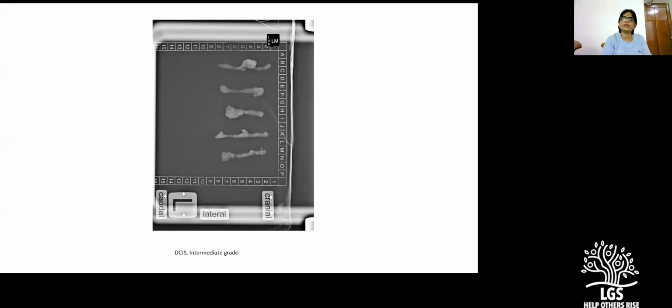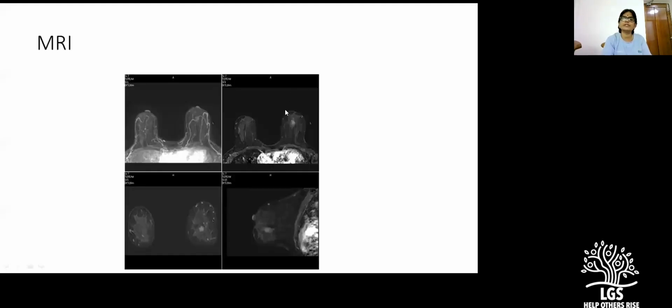So we did the MR for surgical planning. Basically, this was a heterogeneously dense breast, and we didn't want to miss any extent, to plan surgery for the extent of the lesion. This is meant for surgical people to understand how to look at all these images.